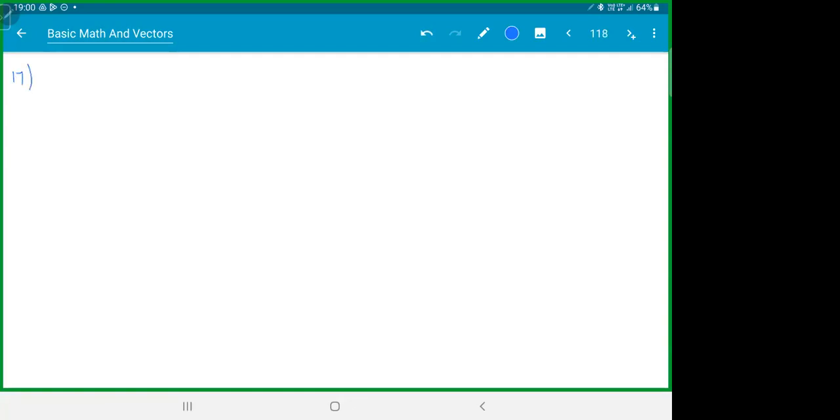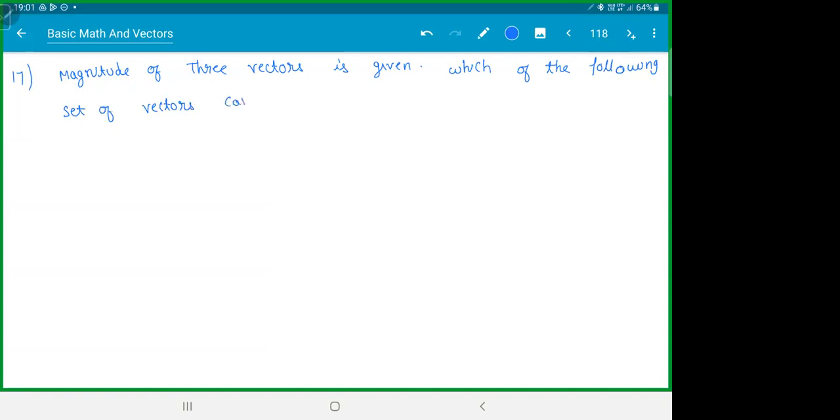We have 3 vectors, A, B, C. The magnitudes of the 3 vectors are given, and they didn't tell you anything about the angles. Which of the following sets of vectors can give a 0 resultant?